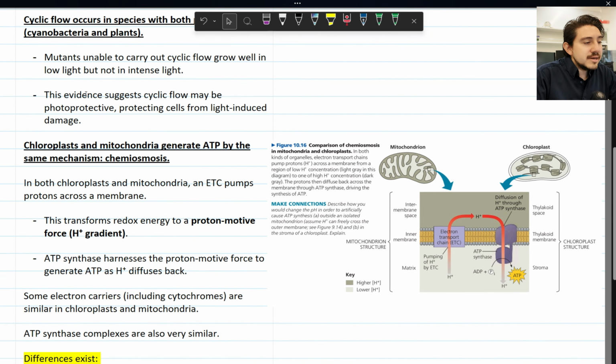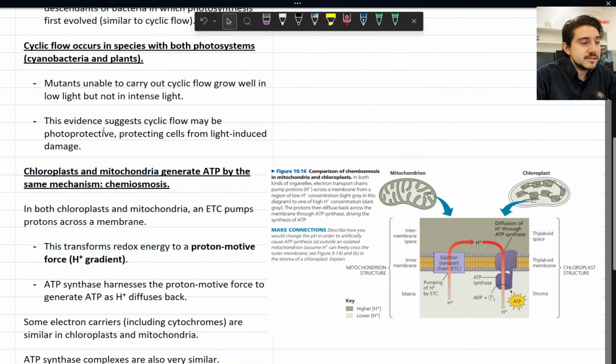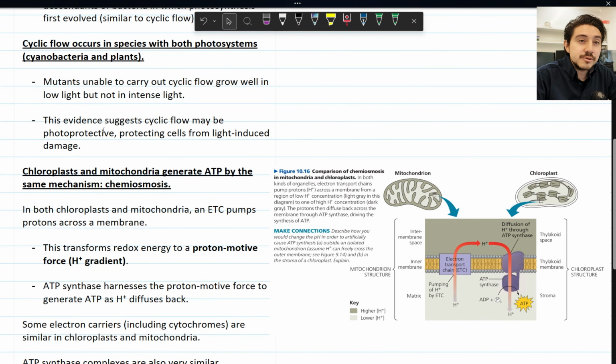And this kind of shows that cyclic flow may be photoprotective, protecting cells from light-induced damage. Okay, some plants are quite sensitive to light. They're very particular on the intensity of light in which they can produce ATP and undergo an electron flow.